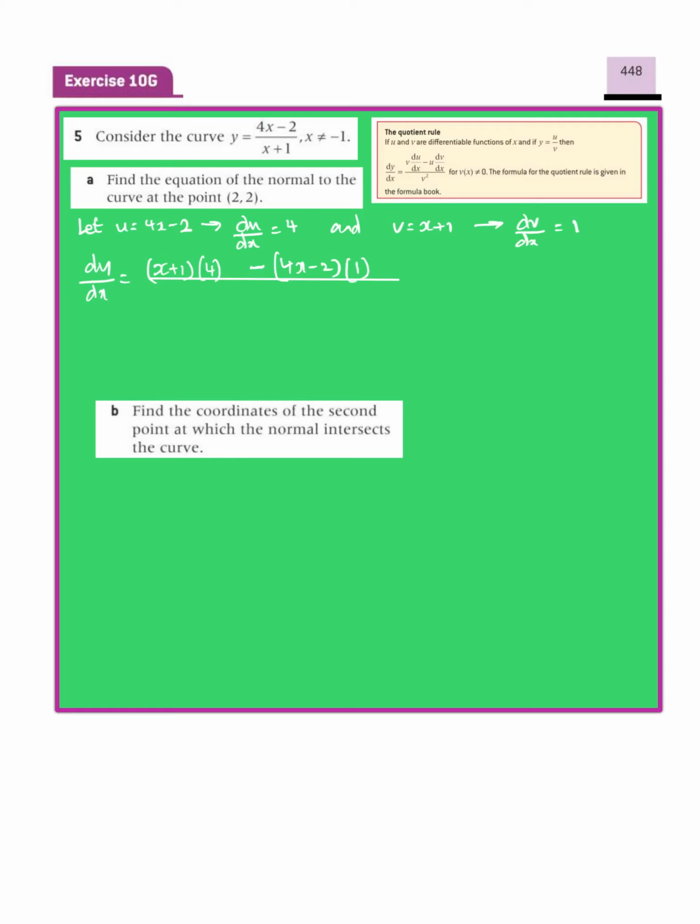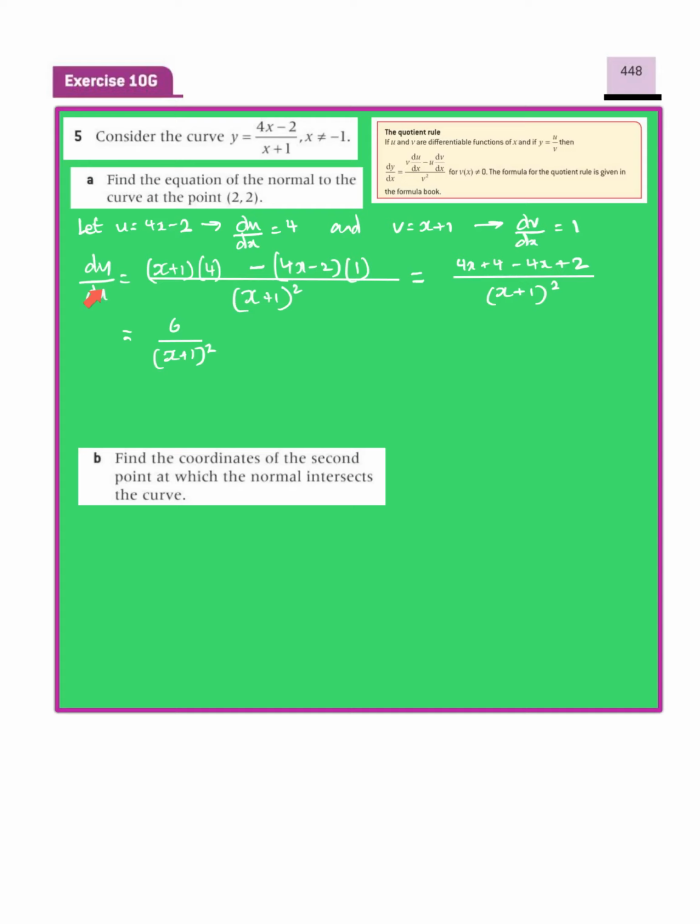And we divide by v squared, where v is x plus 1, squared. So we've got 4x plus 4 minus 4x plus 2, and on the bottom we've got (x plus 1) squared. So that equals, on the top we've got 6, and on the denominator we've got (x plus 1) squared.